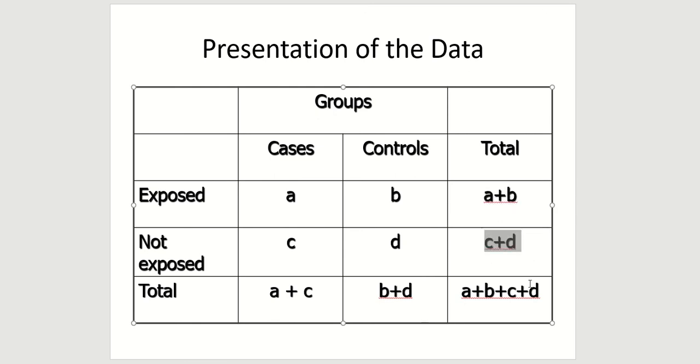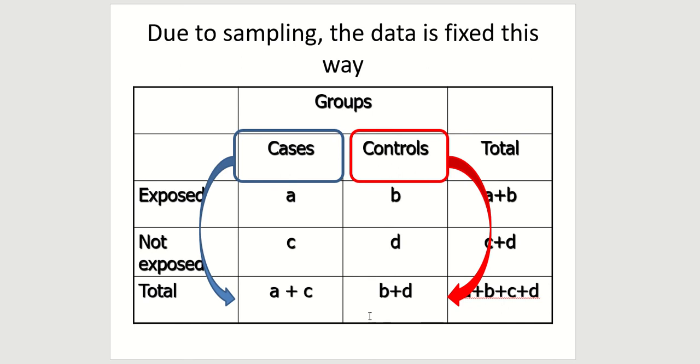That is why in the RCT and cohort, I said you can only calculate inside the exposed and inside the not exposed. In this setup, since you're determining the total cases and the total controls, you might have guessed it, you're only allowed to look inside the cases and inside the controls.